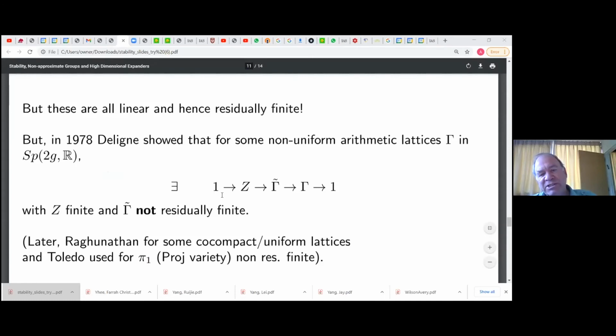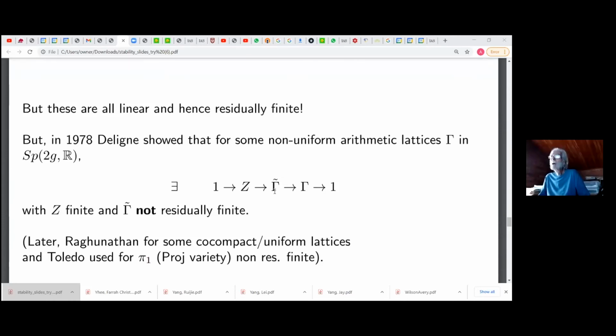There is such an exact sequence, where Z is finite, gamma is an arithmetic group, and gamma tilde is not residually finite. It's not residually finite because gamma is residually finite, so the intersection of the finite index subgroups of gamma tilde is not trivial, but it's just the group Z, which is a finite group. It's almost residually finite, but not residually finite.